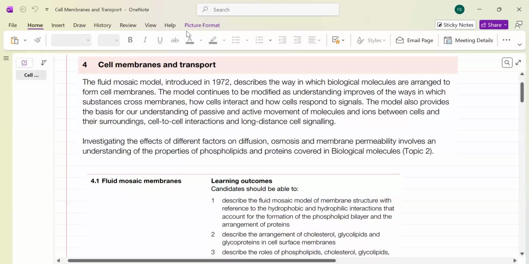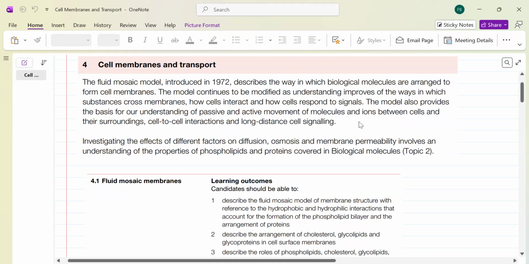So today we are going to start with chapter number 4 of the biology, that is cell membrane and transport. If you see the content, they have mentioned that the fluid mosaic model, introduced in 1972, which we will discuss today, describes the way in which biological molecules are arranged.